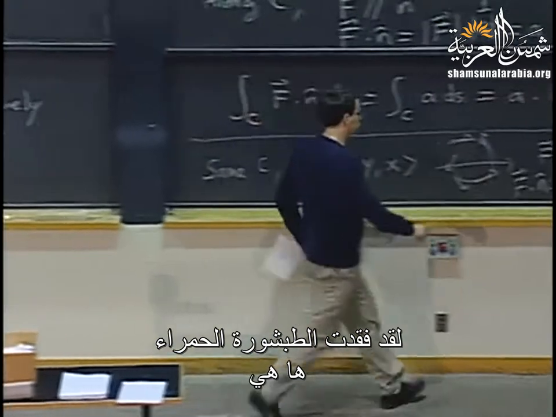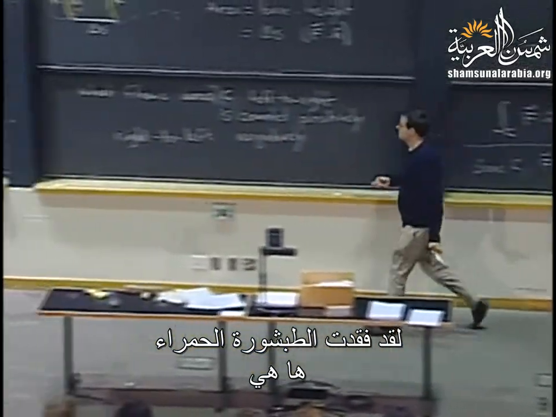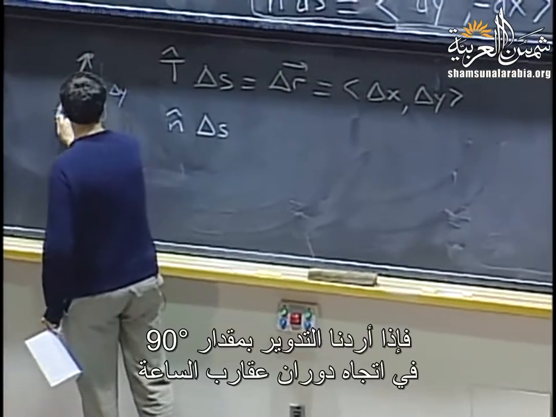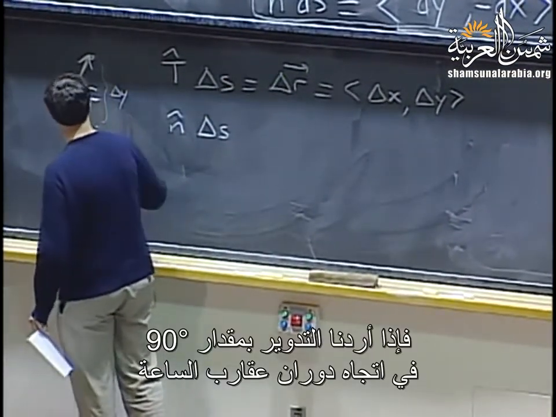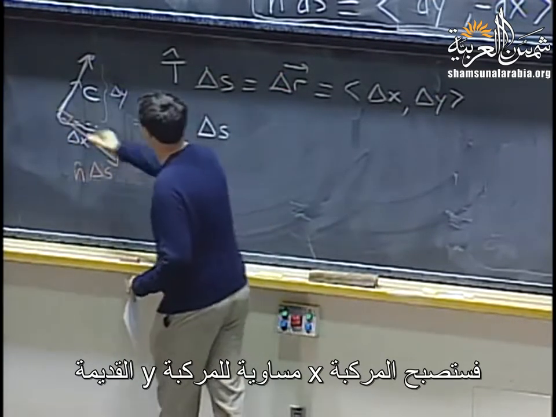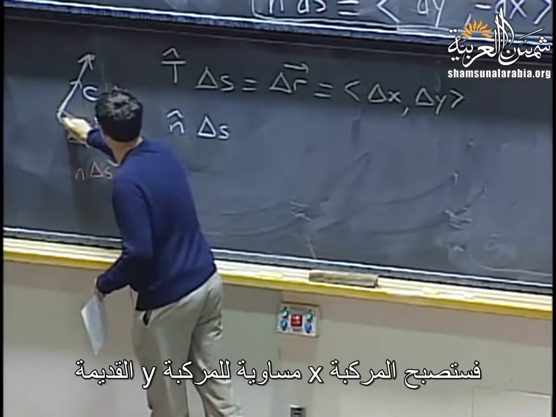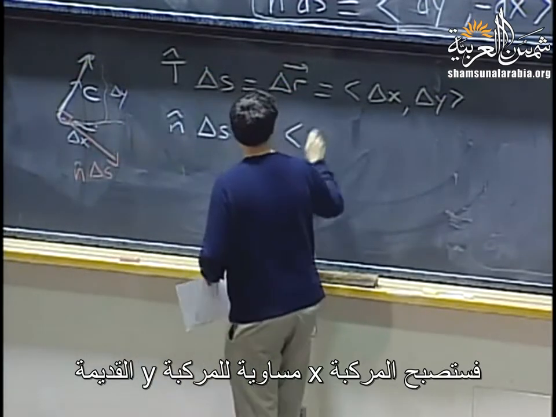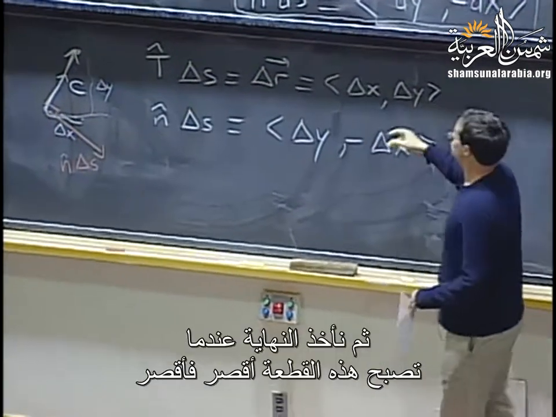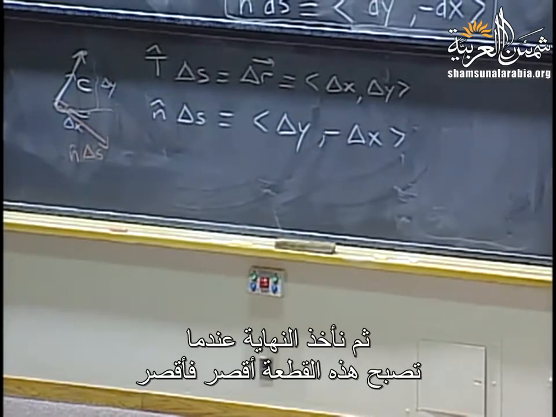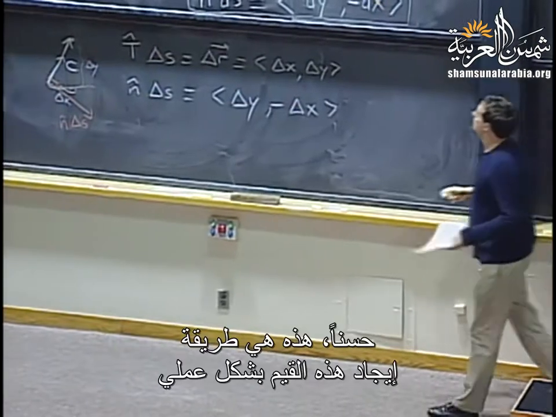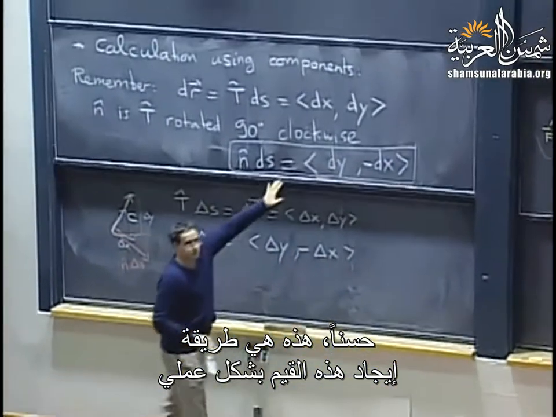So I lost my red chalk. Here it is. If I want to rotate this by 90 degrees clockwise, then the x component will become the same as the old y component, and the y component will be minus delta x. Then you take the limit when the segment becomes shorter and shorter, and that's how you can justify this. Okay? So that's the key to computing things in practice.